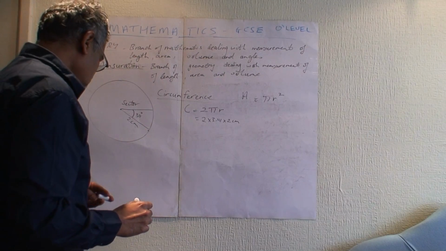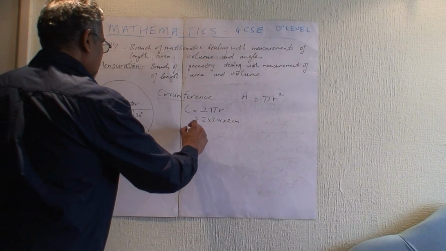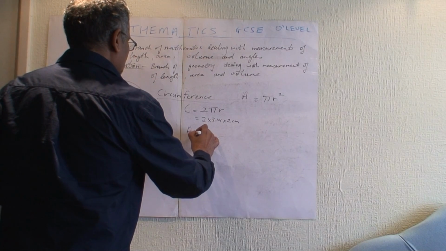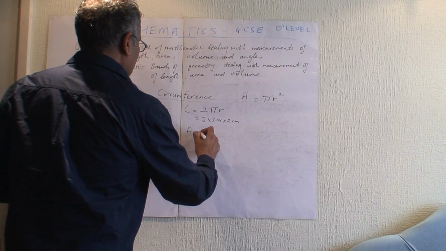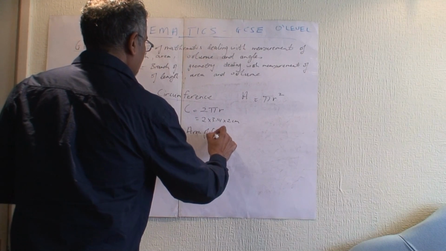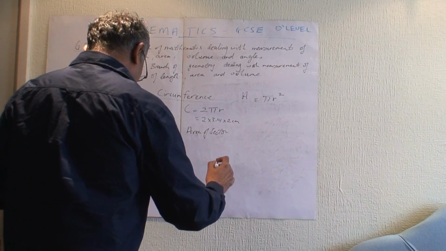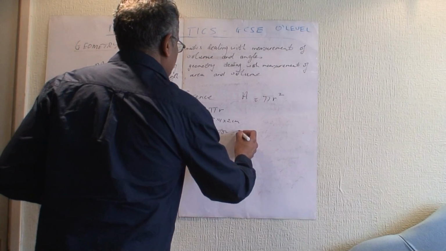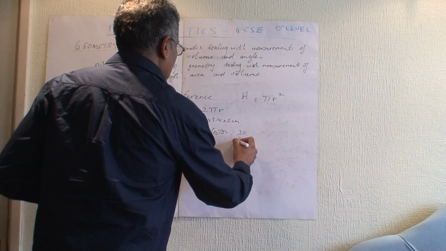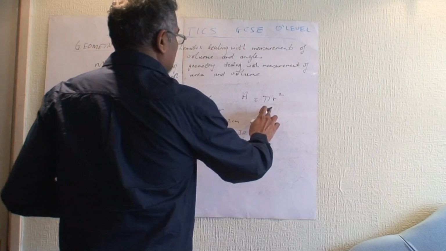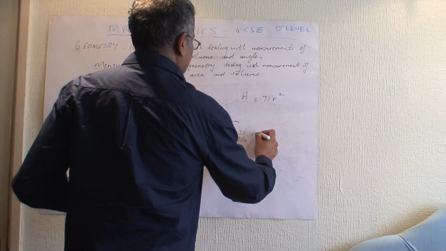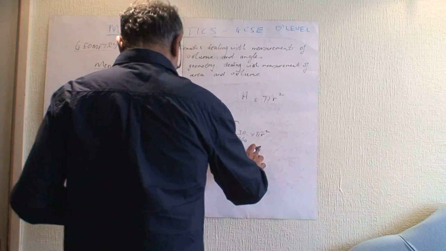So to find the area of that sector, it would be 30 over 360 multiplied by pi r squared.